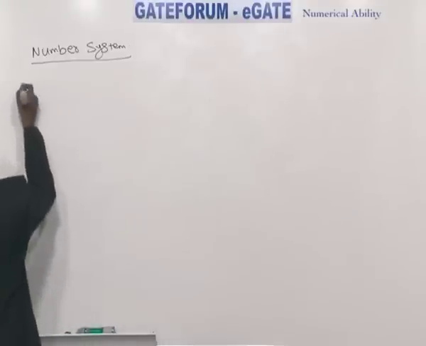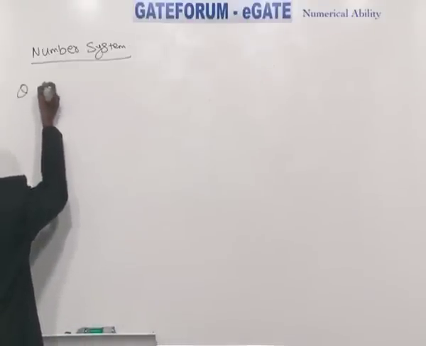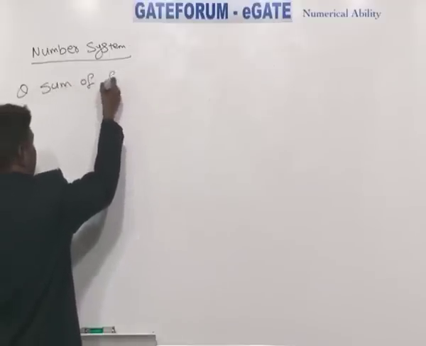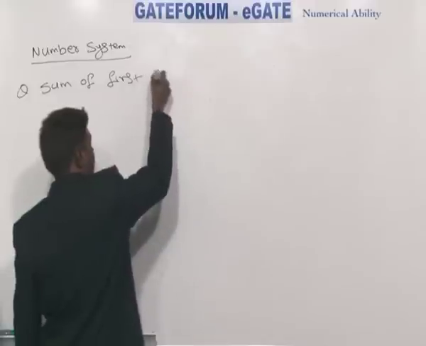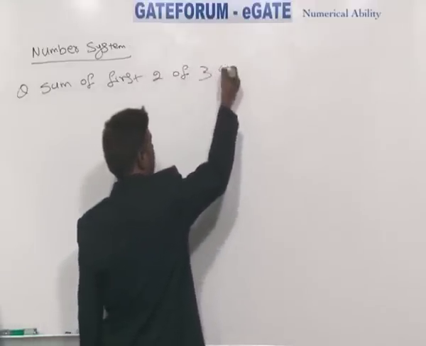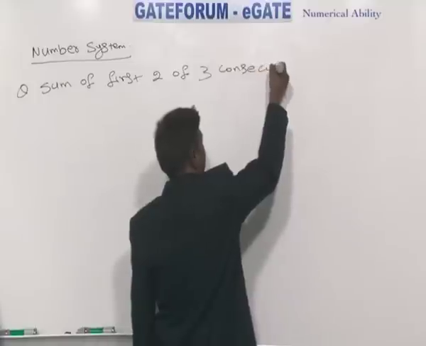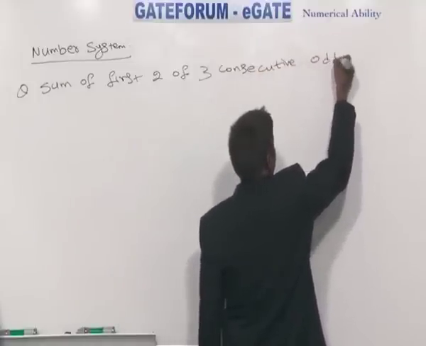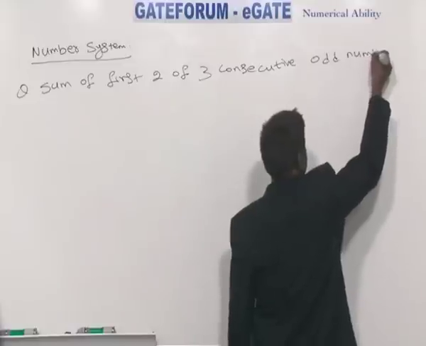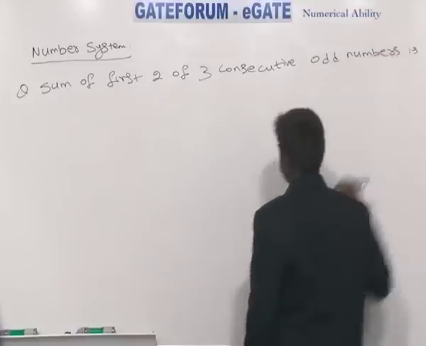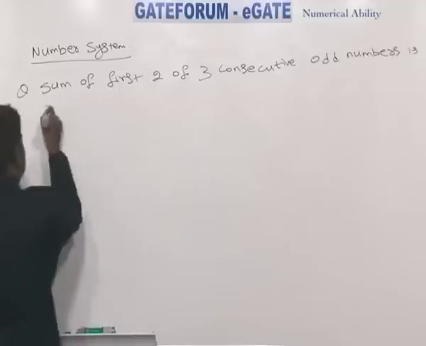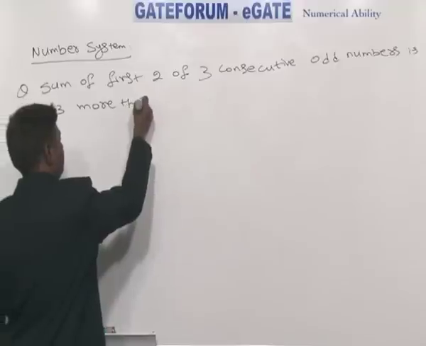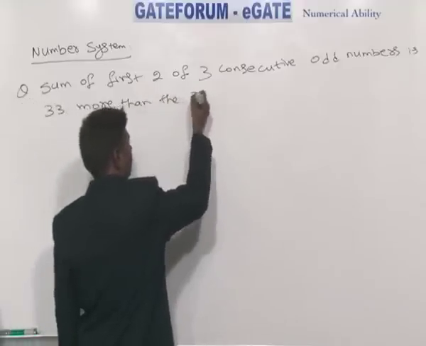Okay, let us take a problem. Sum of first two of three consecutive odd numbers is 33 more than the third number.